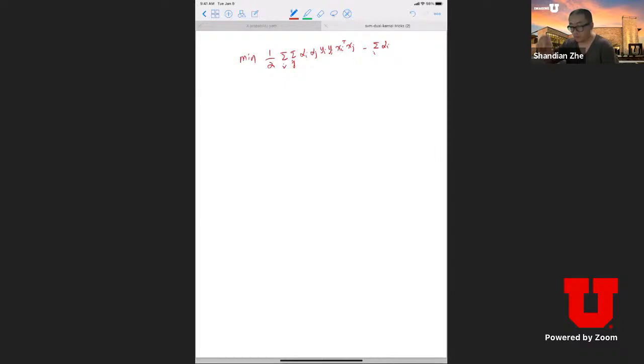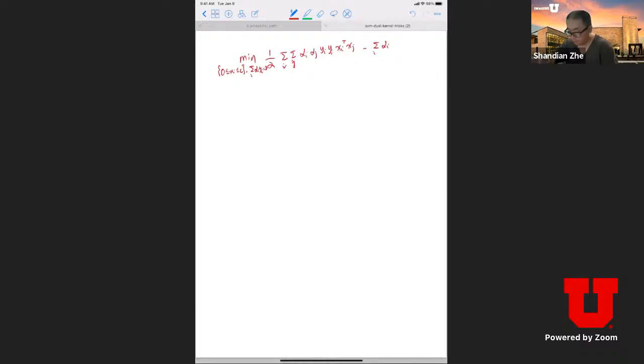And of course, you need to put some constraints: for every alpha i, you have the box constraint, which is between 0 and C, and also a summation constraint that the sum of alpha i yi equals 0.